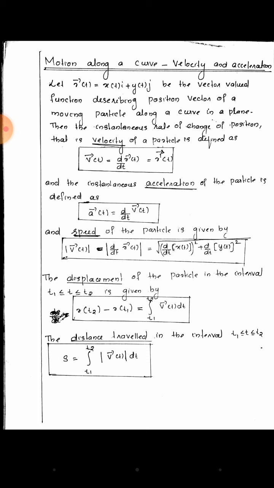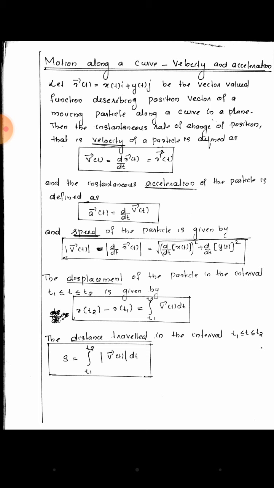Similarly, modulus of v of t is the square root of d by dt of x of t whole square plus d by dt of y of t whole square plus d by dt of z of t whole square.